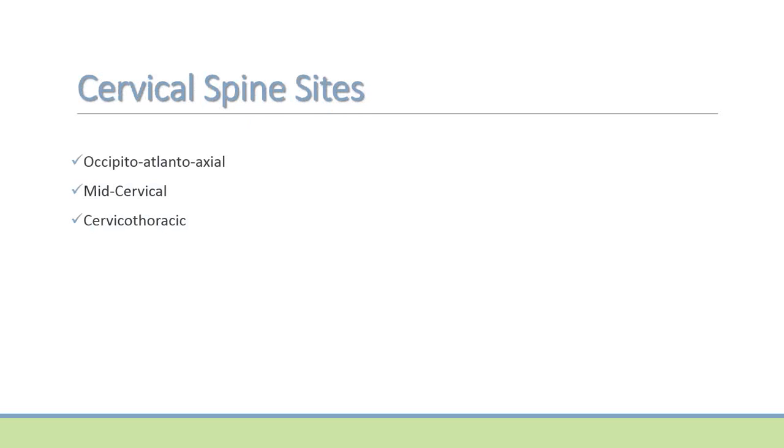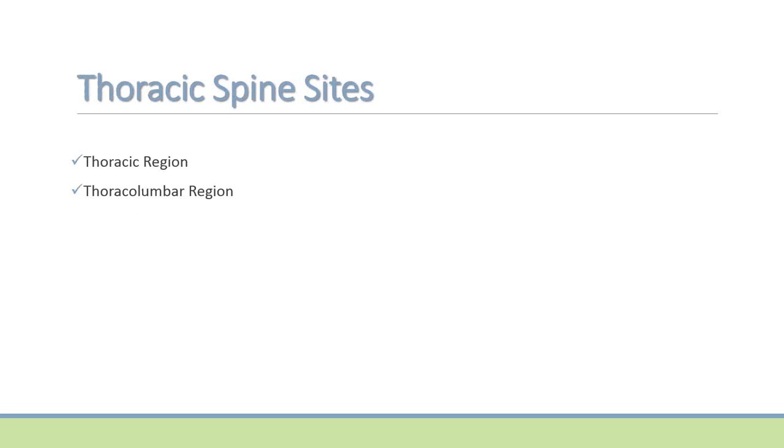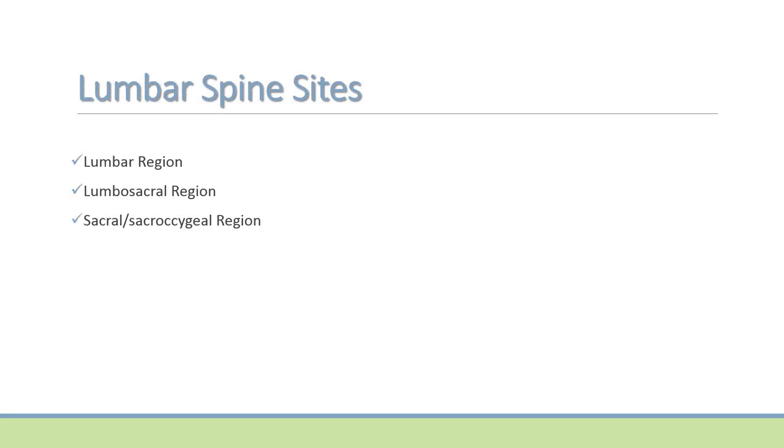You have to put in the sites of injury. So in the cervical spine, these are the sites that you must document. In the thoracic spine, these are the sites. And in the lumbar spine, these are the sites.